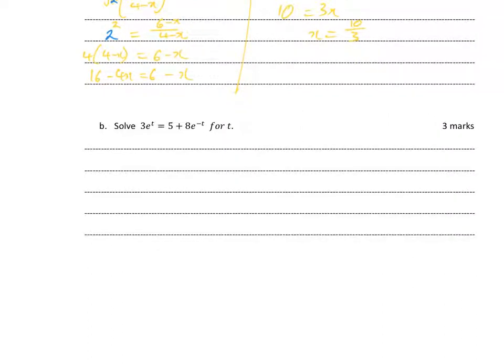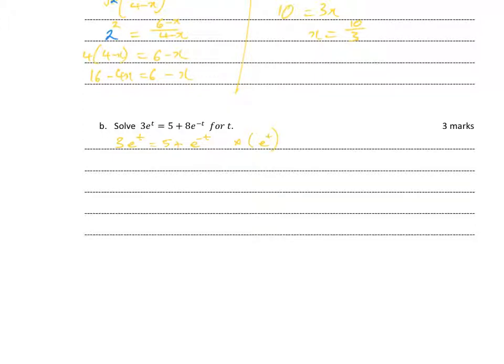Okay. So this one, let's just get the 3e to the t equals 5 plus e to the minus t. Now, believe it or not, this is actually a quadratic expression. To make it more obvious, what if we just multiply everything by e to the t?